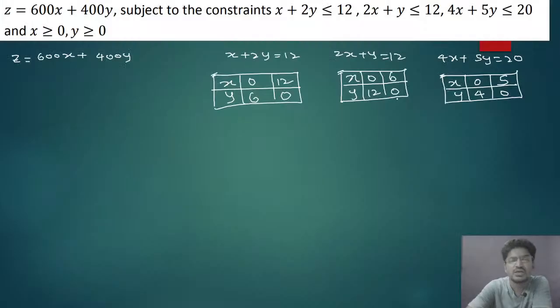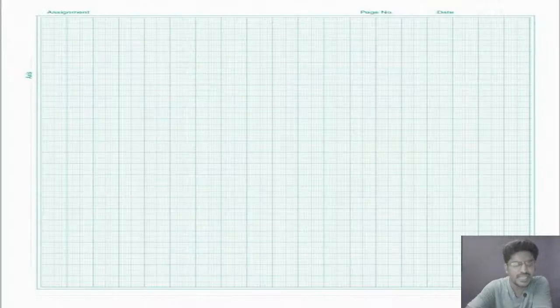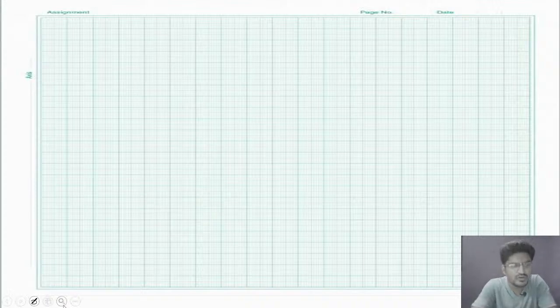Now I will go for drawing the graph. 6 and 12. Okay, 4 and 5. So let us draw the graph now. For that, see how to draw the graph.